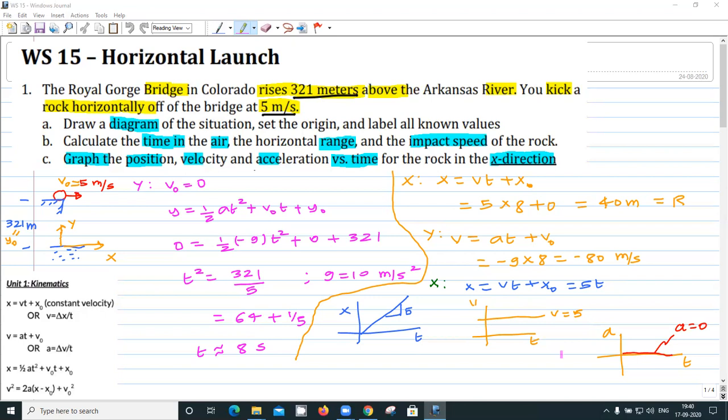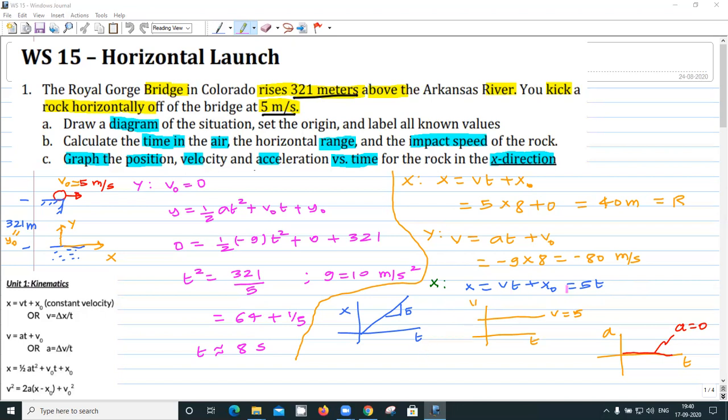Similarly here, the y-axis is the displacement x, and the x-axis is t. So I need an equation relating both x and t. This is the equation. In this, x naught is 0, t is the variable time, and velocity is constant in the horizontal direction. That is 5. So I have this equation x equals 5 into t.